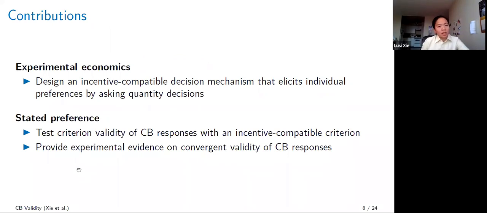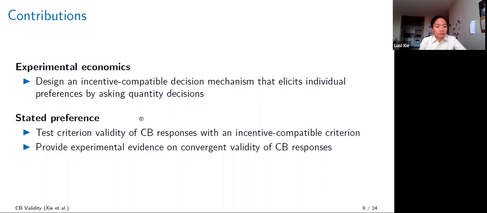For experimental economics, we designed an incentive compatible decision mechanism that elicits individuals' preferences by asking quantity decisions, that is, how many goods or how many times, as opposed to value, which is usually what is asked in auctions.